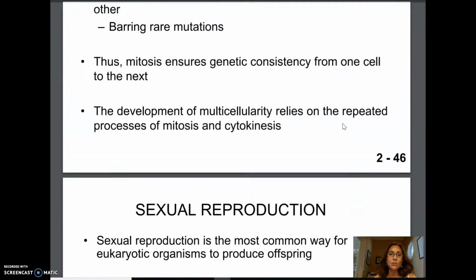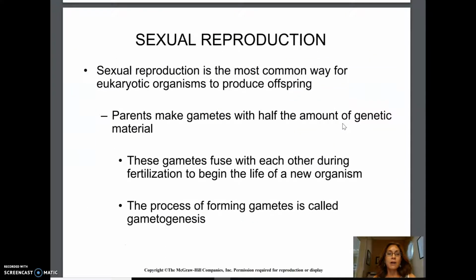So, in sexual reproduction, parents are going to be contributing different genetic contributions to an offspring. The gametes fuse together during fertilization and a new organism is formed. That process leads to the growth of the individual through mitosis.